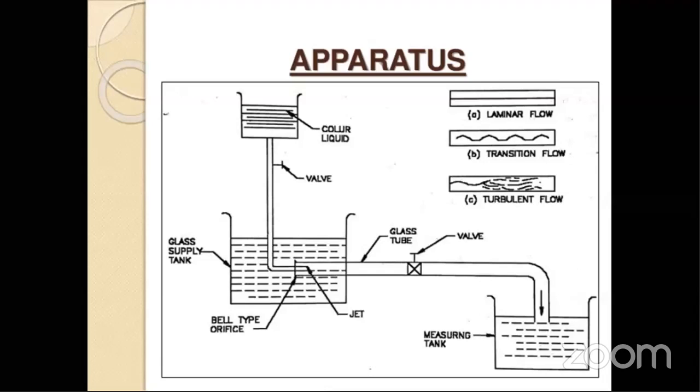If you increase the flow speed, the straight line is converted into a curvy line. It is called a transition flow. And if you increase the pressure of the flow further, the transition flow mixes with the water, and it is called a turbulent flow.